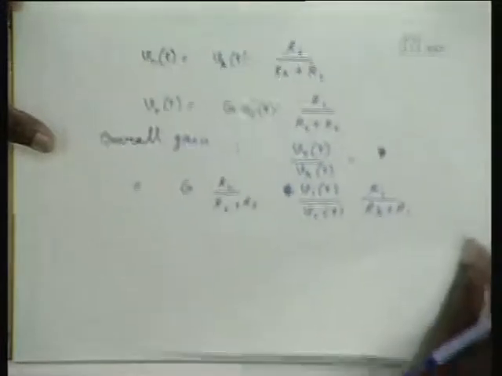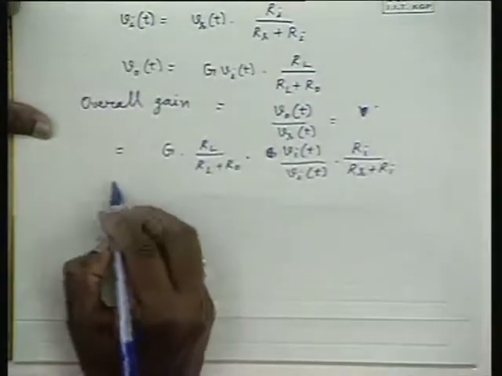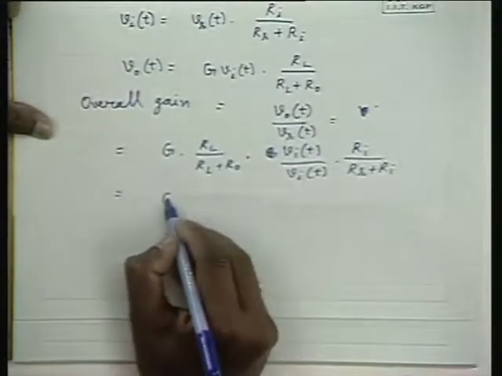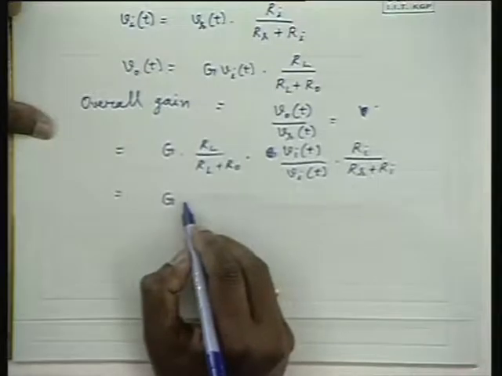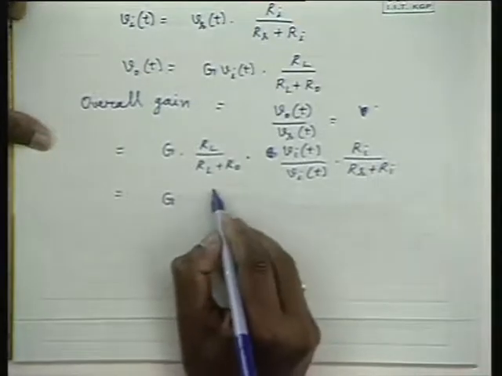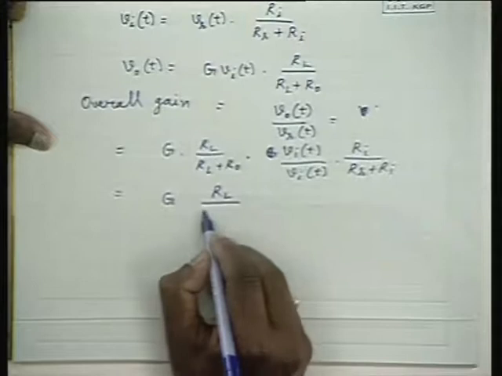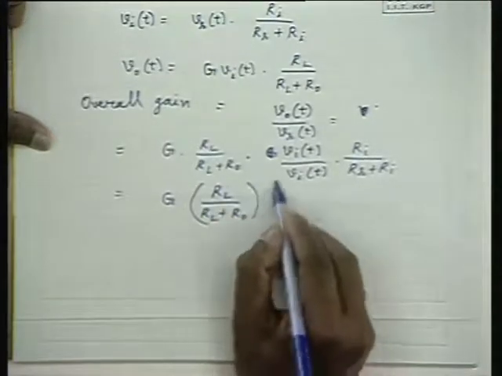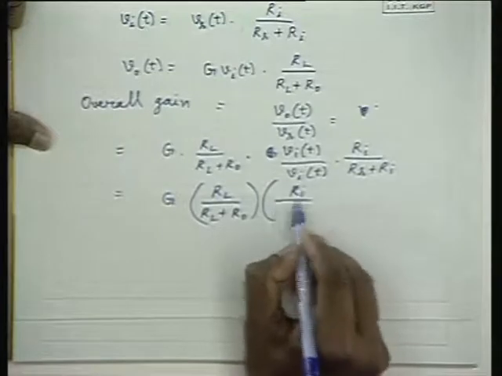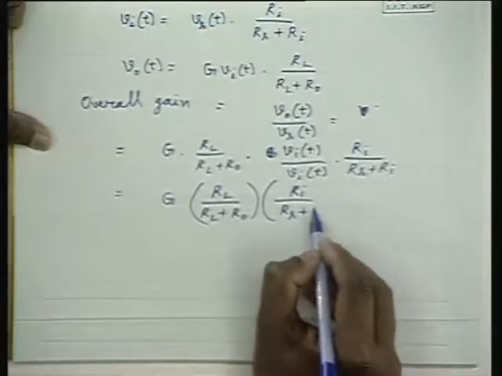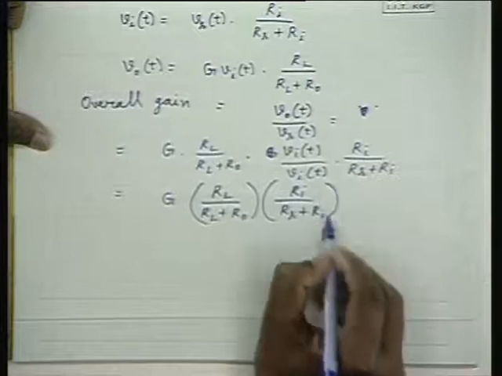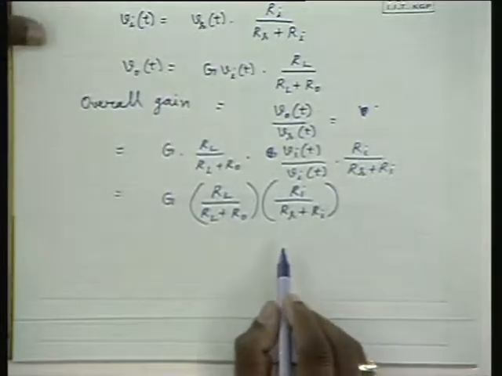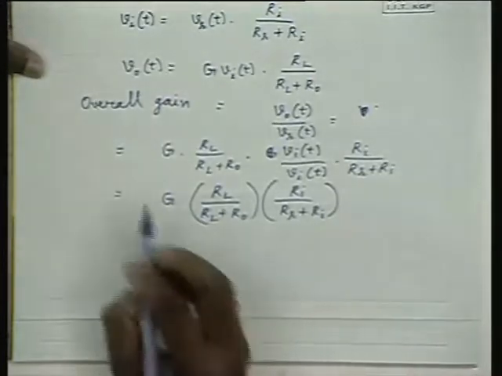Hence, the overall gain is going to be the gain of the amplifier itself under open circuit output multiplied by these two ratios.